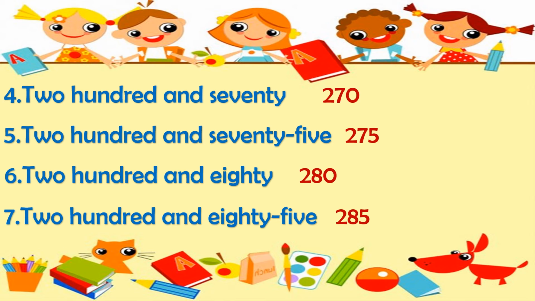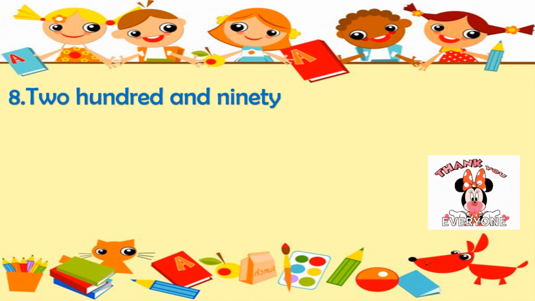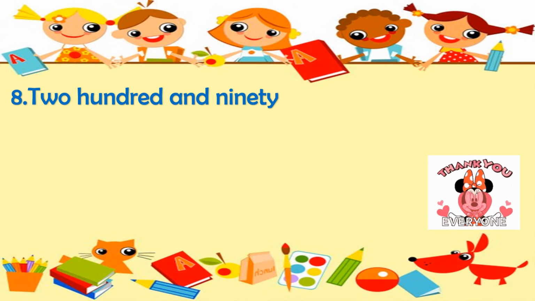Next vocabulary is 290. Students, everybody must spell the word 290. 3, 2, 1, go. T-W-O-H-U-N-D-R-E-D-A-N-D-N-I-N-E-T-Y.